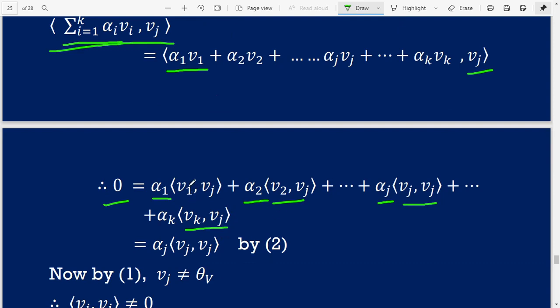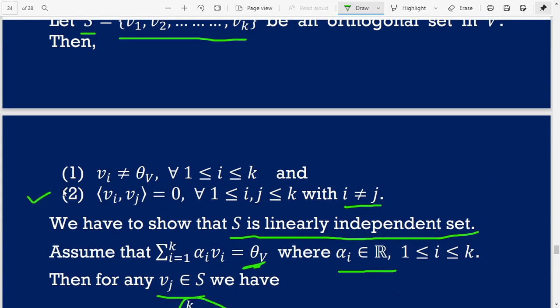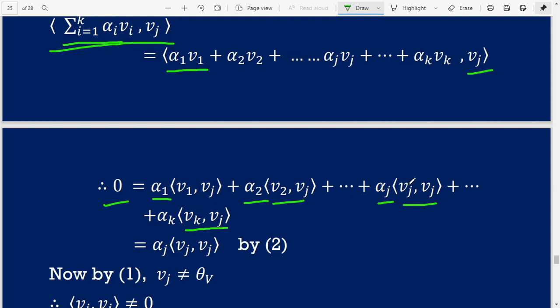So by condition 2, for i equal to j, this is not equal to 0, but the inner product v1 with vj, inner product v2 with vj, up to inner product vk with vj, all are 0.